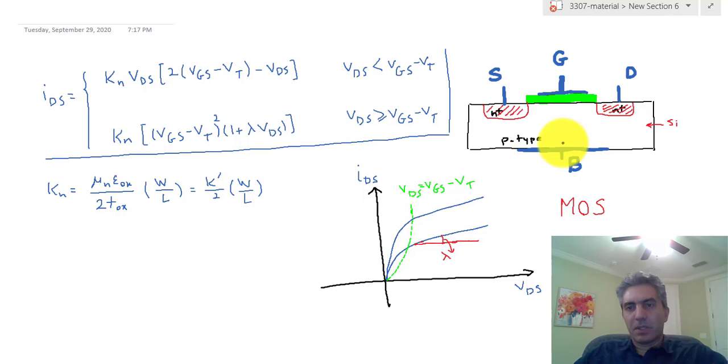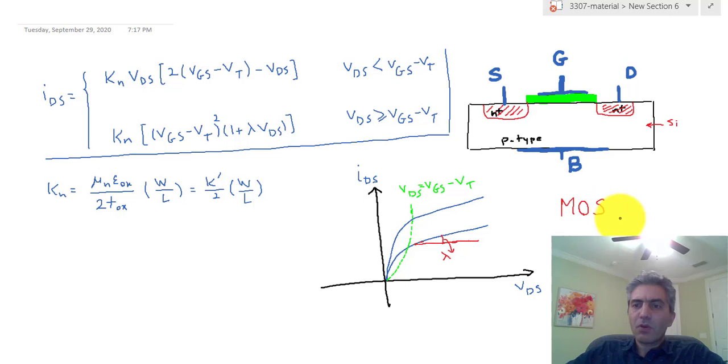The operation could be discussed in a lot more detail, and the physics of the operation is important and pretty interesting. But at this point, in order to prepare you for circuit analysis using these devices, you really don't need to know more, and we can quickly introduce the equation that describes the operation of the device and then move on to circuit analysis.